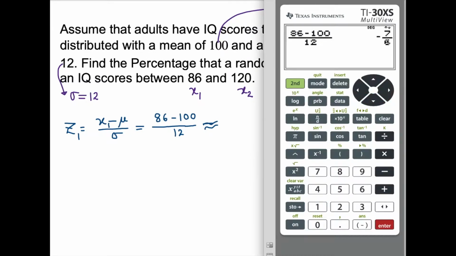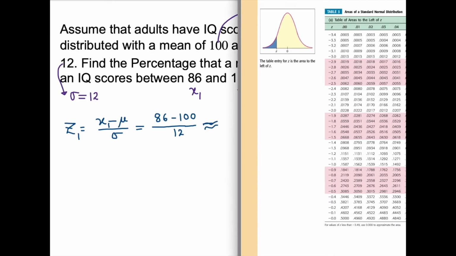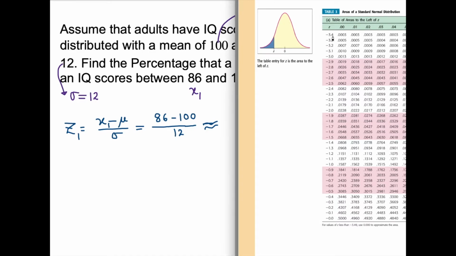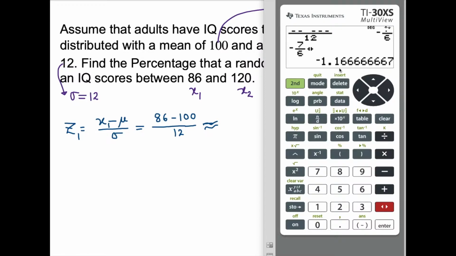Notice that this is a fraction, but the z-table doesn't have any fractions, so you have to use the double arrow. That is too many digits, but the z-table only has two decimal places, from negative 3.4 down the side and 0.00 along the top row. The z-score must be converted into 2 decimals.